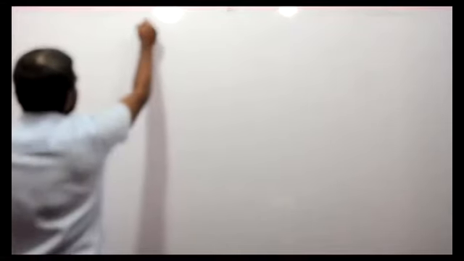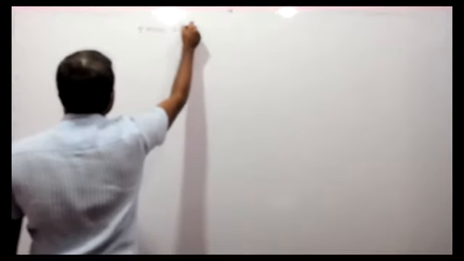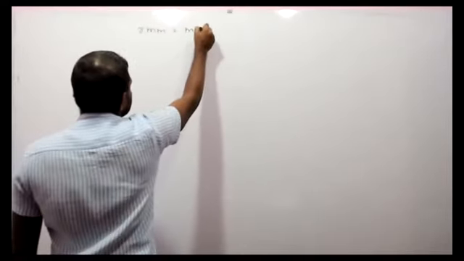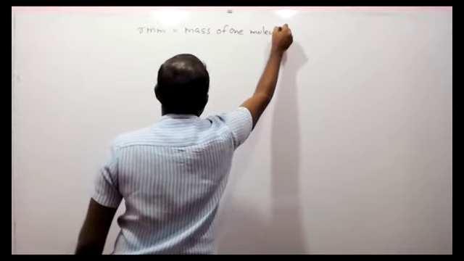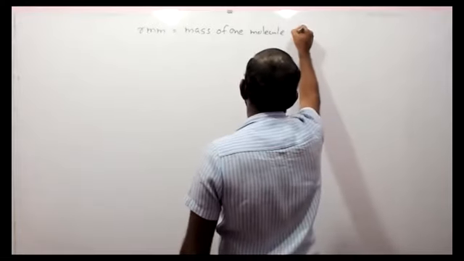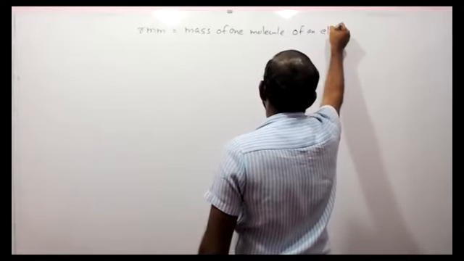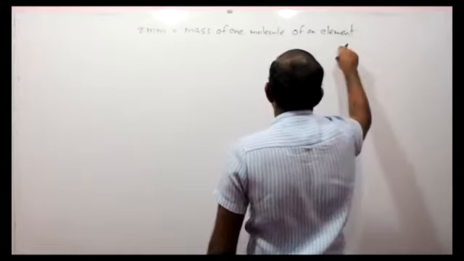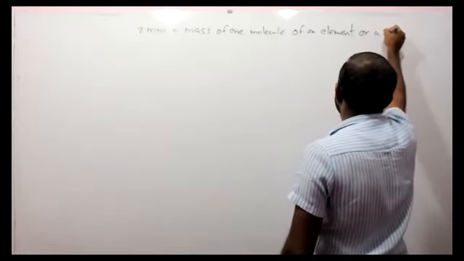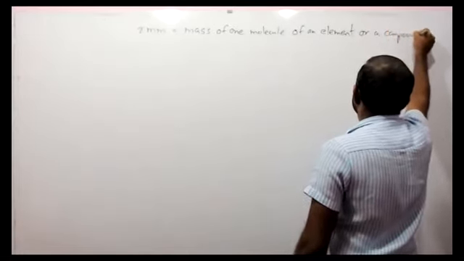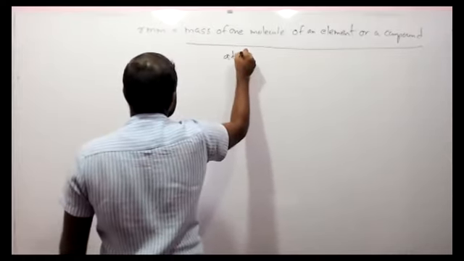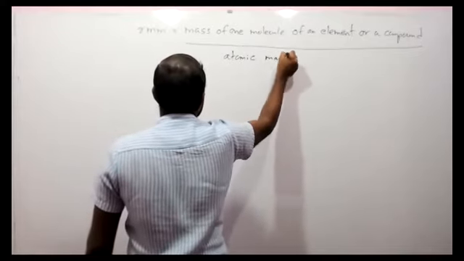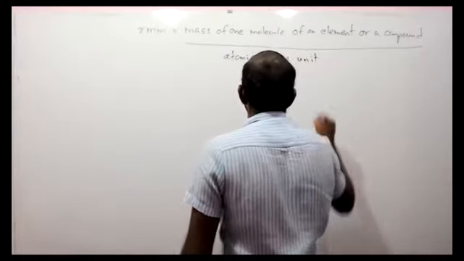Right, now look at both of these. So we know, children, RMM will equal the mass of one molecule of an element or a compound divided by the atomic mass unit.